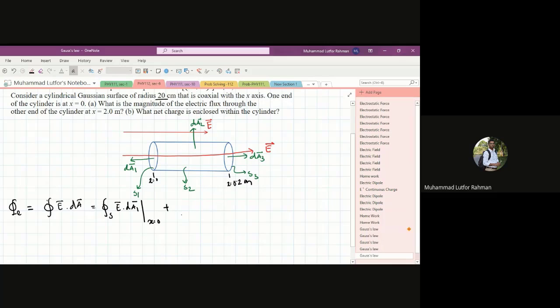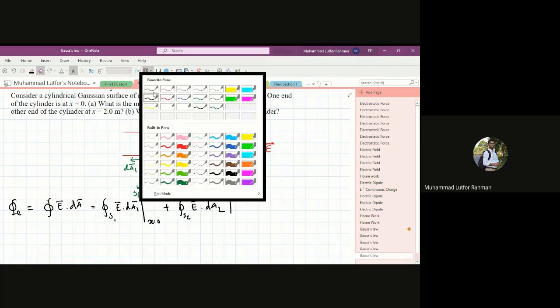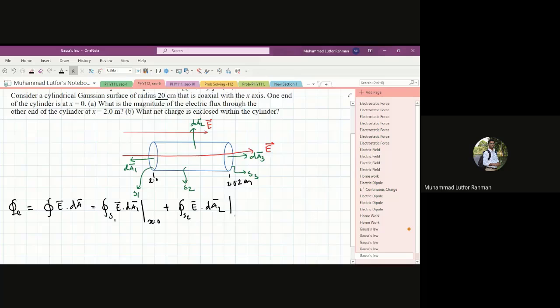Plus for surface 2, E dot dA2, provided x is in between that range.